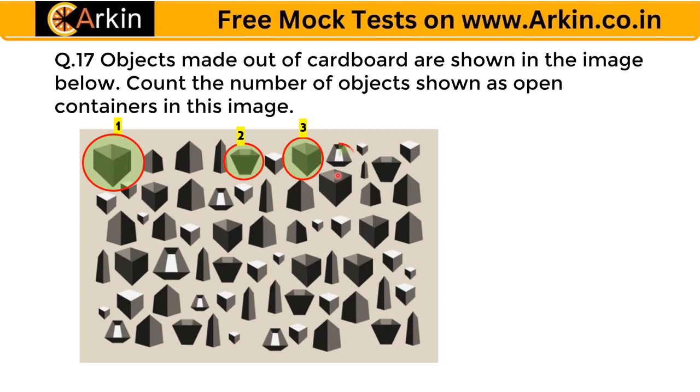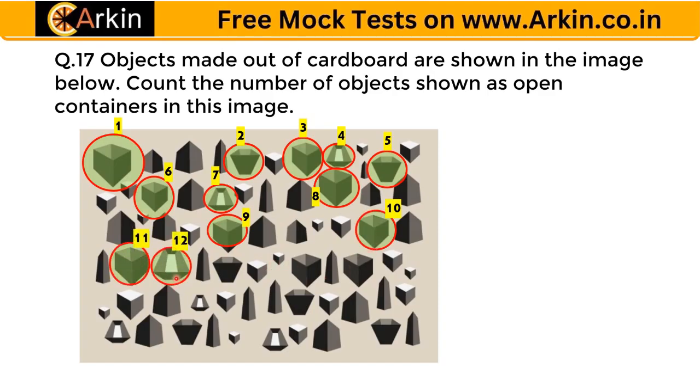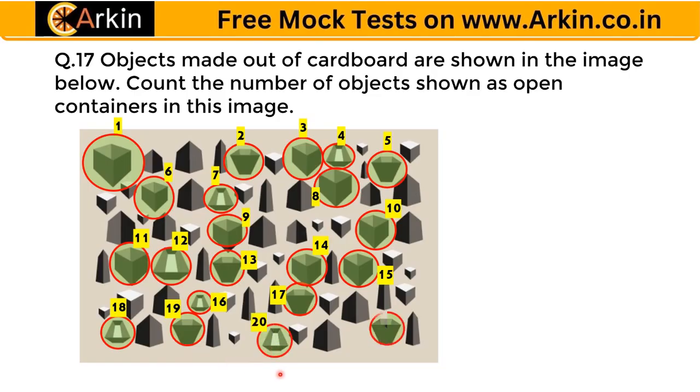Then third, fourth, fifth, then 6th, 7th, 8th, 9th in this row, here 10th, 11th, 12th, 13, 14, 15, 16, 17, 18, 19, 20, 21. So the correct answer here will be 21.